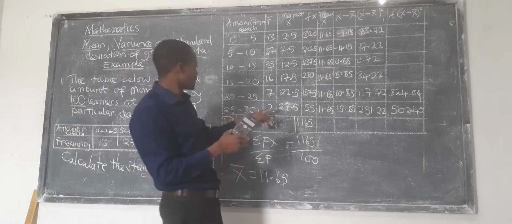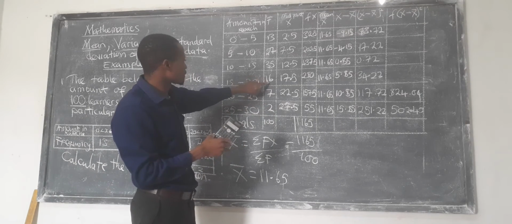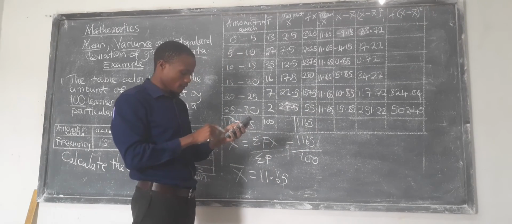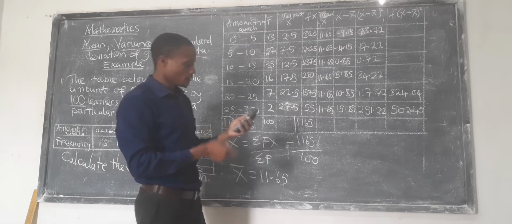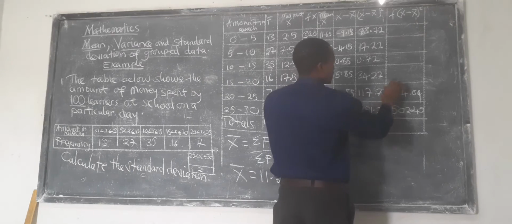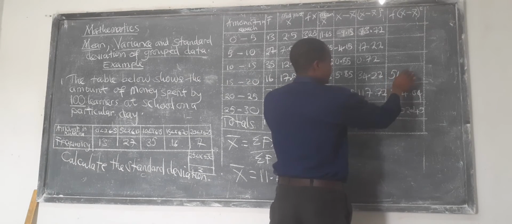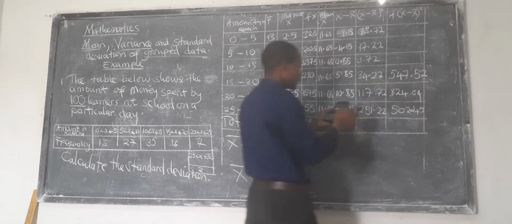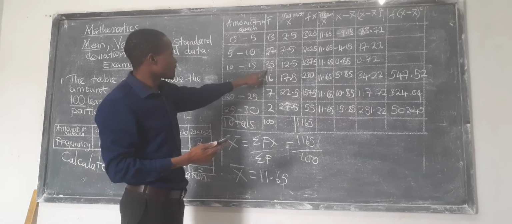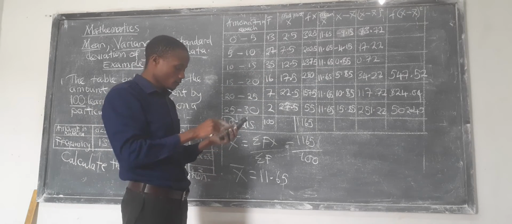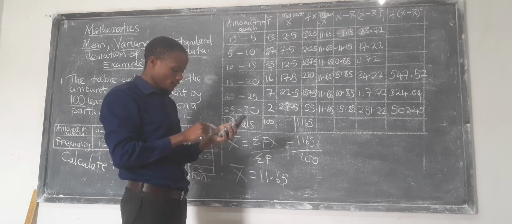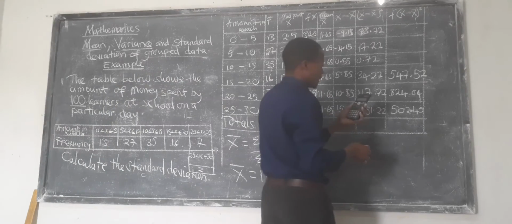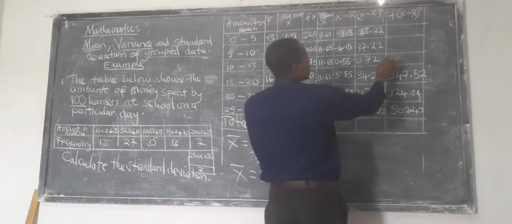For the next frequency we have 16 times 34.22, which is giving us 547.52. Then next we have 35 times 0.72, which is giving us 25.2.